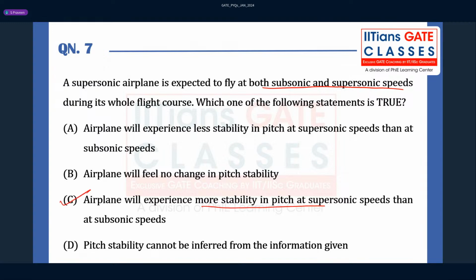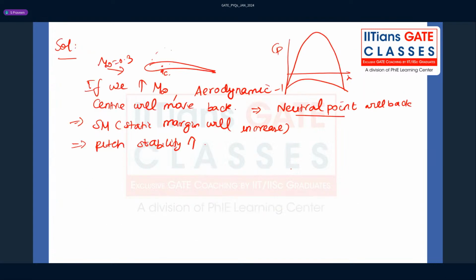Okay, guys. Hope you guys don't have any doubts. Let me repeat again. If you recall your aerodynamic theory, you have this aerodynamic center, the location of which is affected by the upstream conditions, right? Which means if I increase the flight speed, AC moves back, so your neutral point moves back, which means your static margin increases, where the definition for static margin is what?